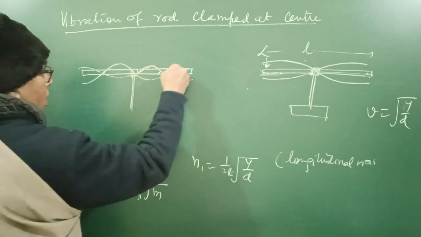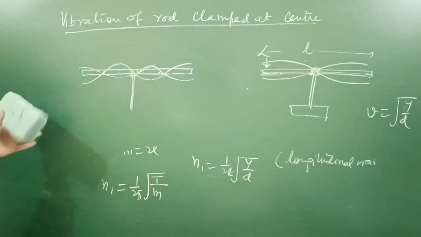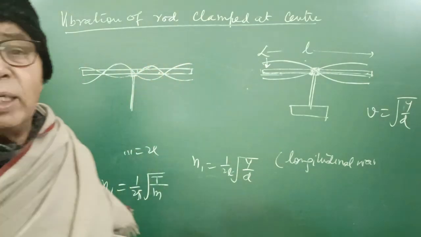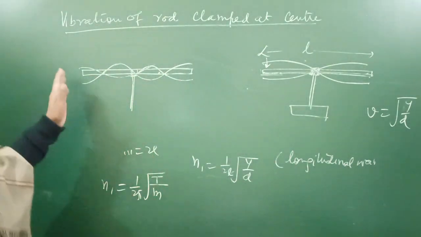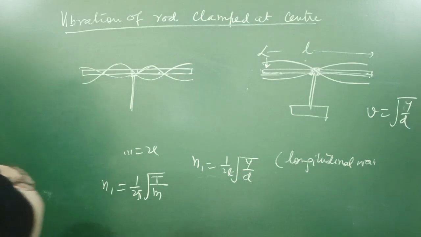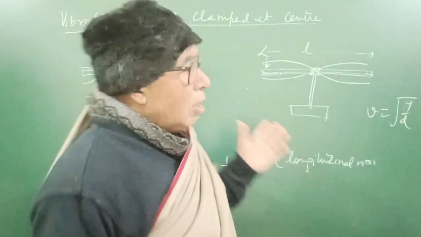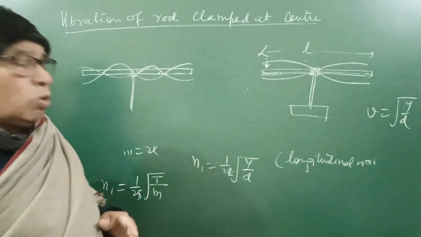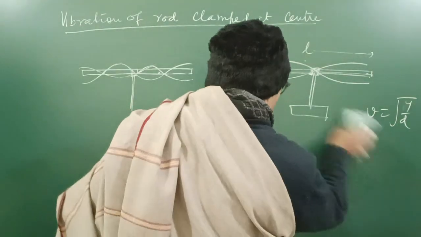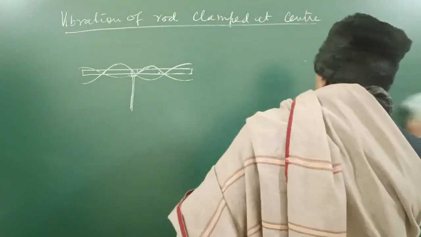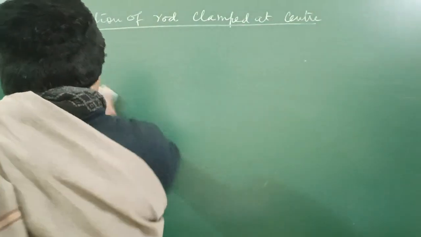This will be the high frequency, but the situation is that higher harmonics disappear very soon. If anyhow you strike it strongly, the higher harmonics produced will disappear very soon. So this rod will oscillate only in the simplest mode of vibration.